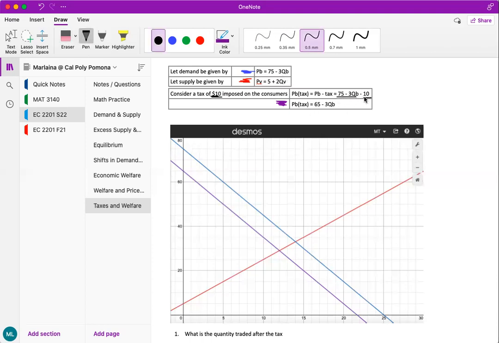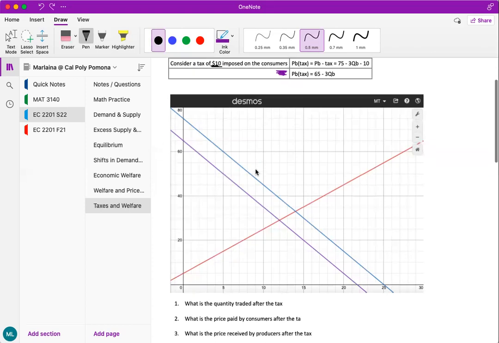Here's our original demand curve, here's our tax of minus 10. Once you simplify it down a bit, you get PB is 65 minus 3QB. So whenever you see a tax imposed on the consumers, you subtract that tax from the original demand curve, and that's going to give you your shift.